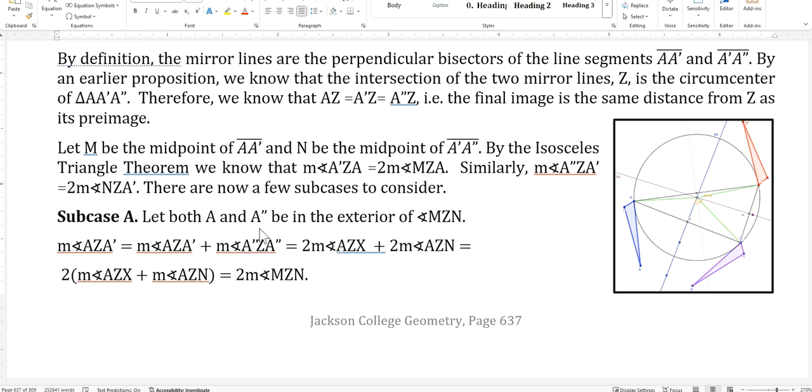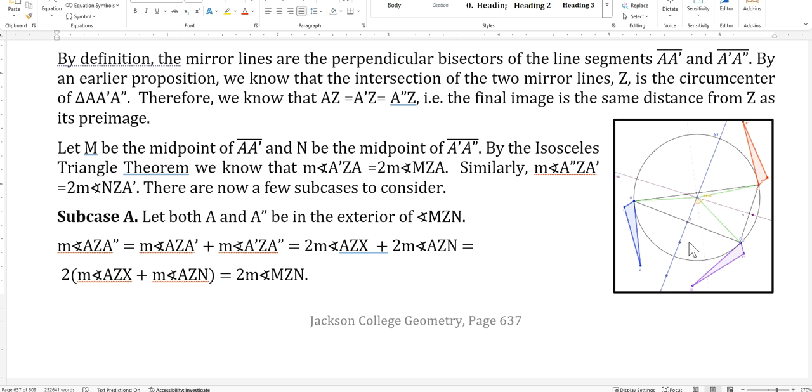Okay, so let's look at this a little carefully. So start with the measure of A, Z, A prime. Okay, we want A, Z, A double prime here. We want that angle.